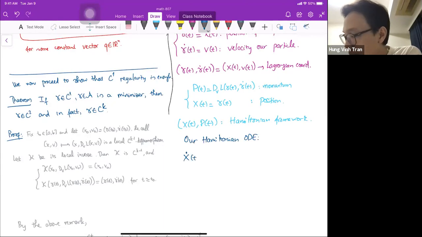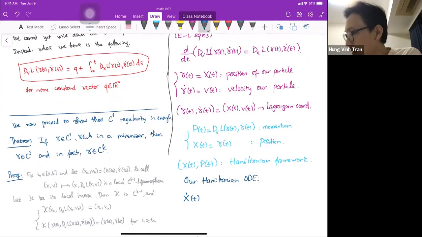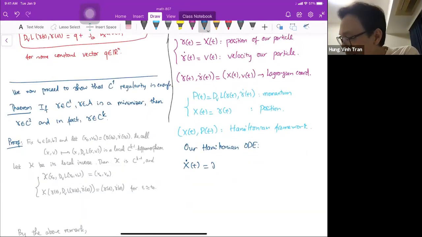First, x dot t is nothing but gamma dot t, and is exactly dp H of xt pt.